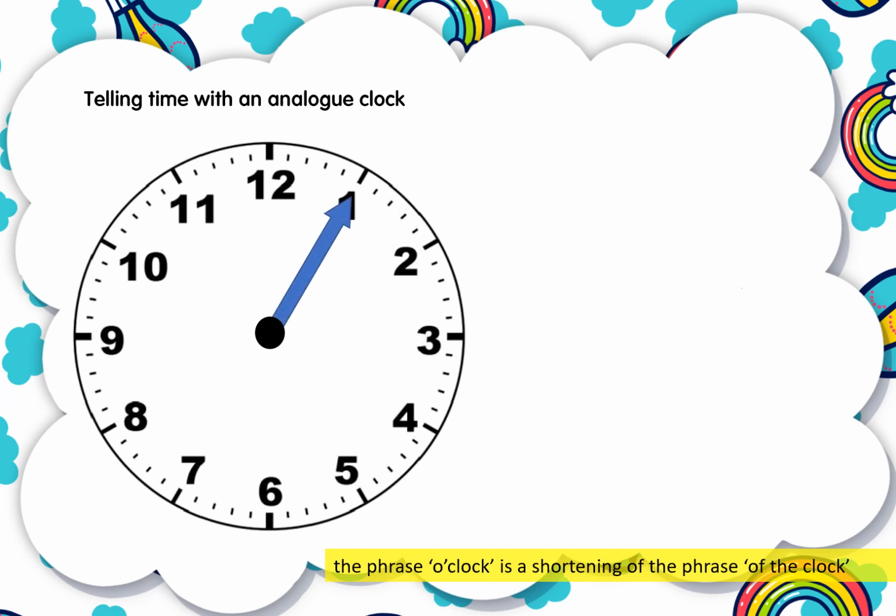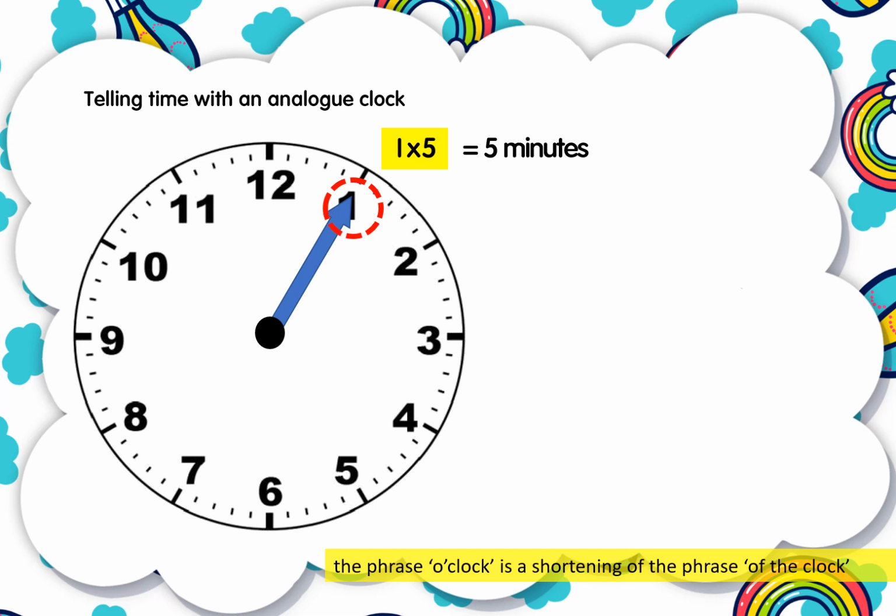Let's learn how to tell time with an analog clock. This is the minute hand. We have learned from the previous lesson that the line between two numbers is called a graduation. From 12 to 1, there are 5 graduations, equal to 5 minutes.